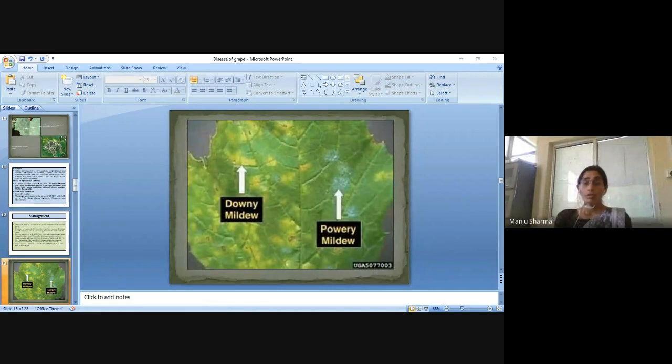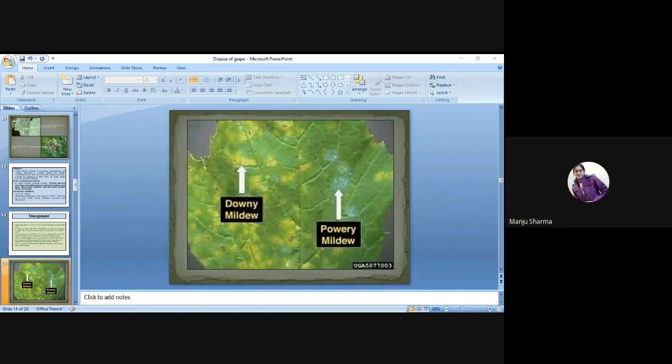So here you can see the symptoms of downy mildew and powdery mildew, and what is the main difference. Like in downy mildew, the color of the spores is yellowish, and in powdery mildew, there is a powder like appearance, and the spores are white in color, and we can say that is a fungus colony.